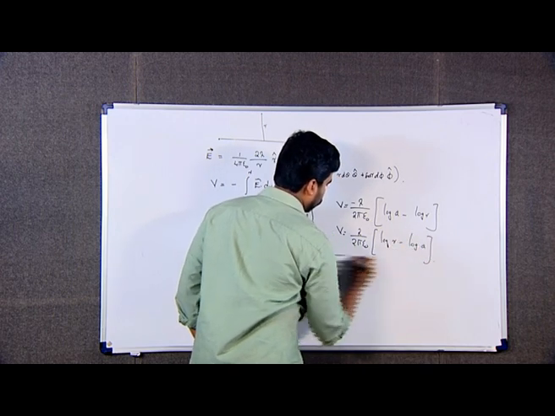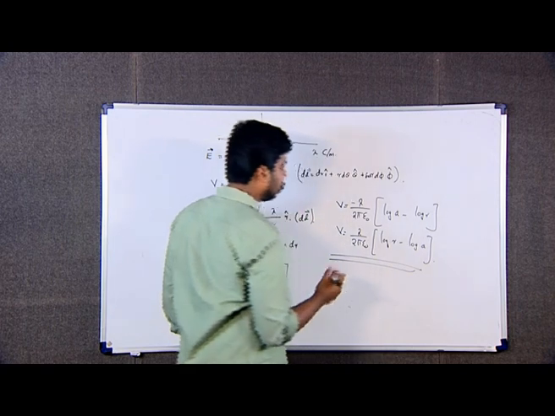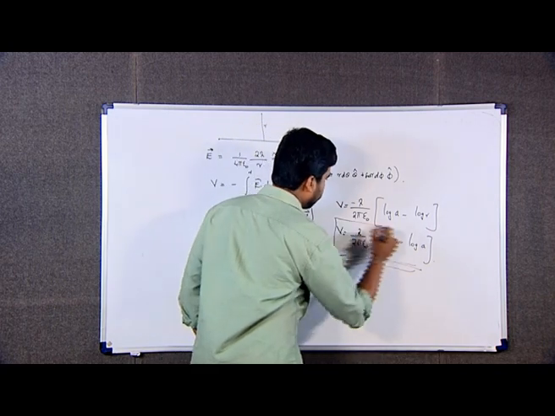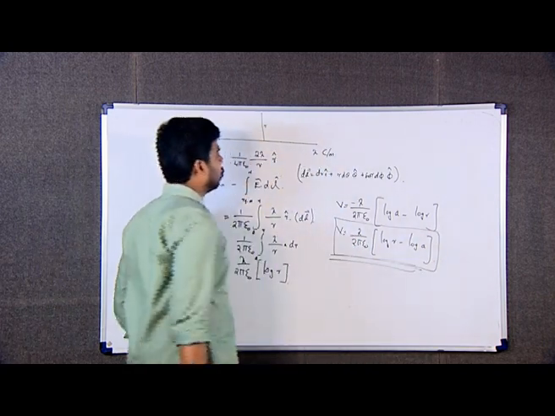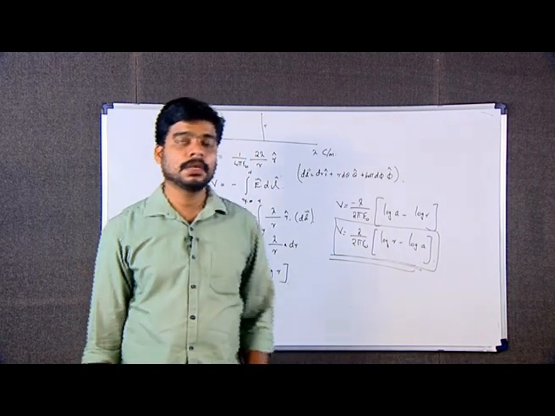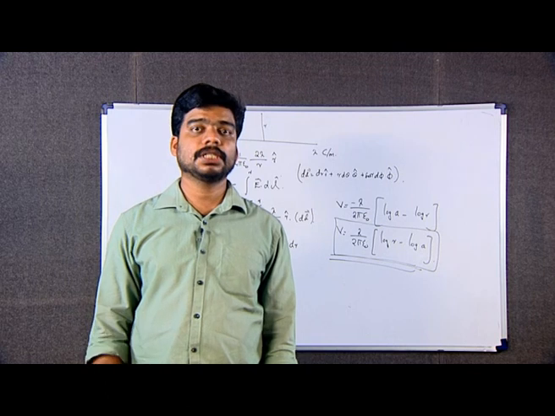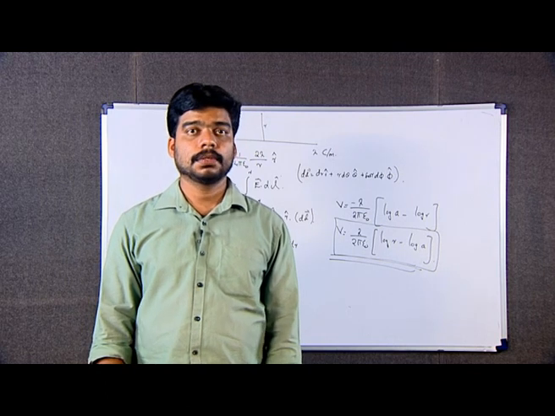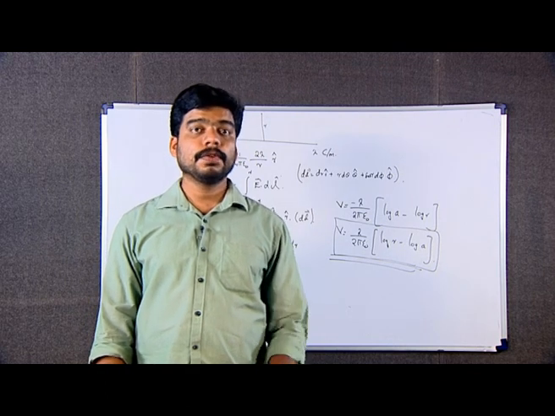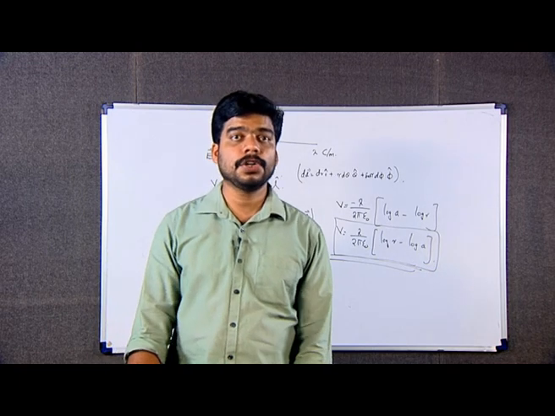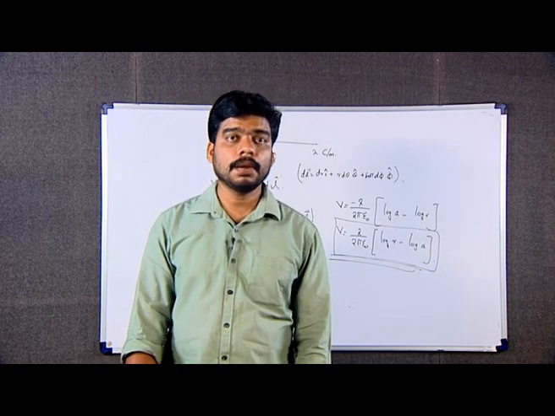This is the potential produced by an infinitely long straight wire with the linear charge density lambda.